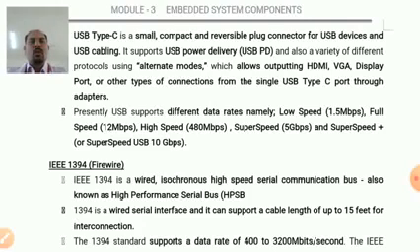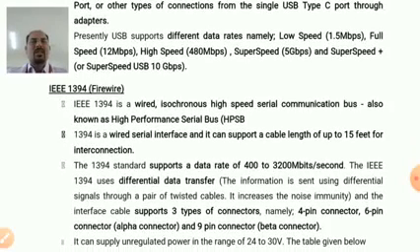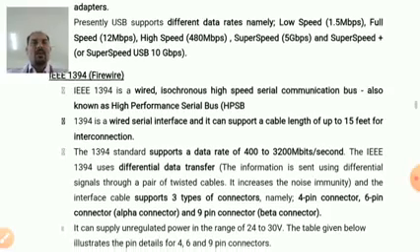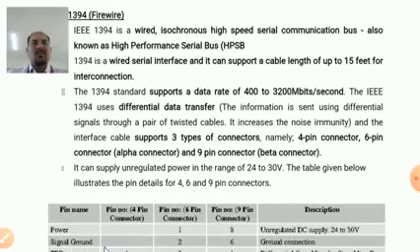Then I will move on to the next type of interface, that is IEEE 1394, also called FireWire. This FireWire is a wired isochronous high-speed serial communication bus, also called high performance serial bus, HPSB. It can support a cable length of up to 15 feet for interconnection, supports a data rate of 400 to 3200 megabits per second.